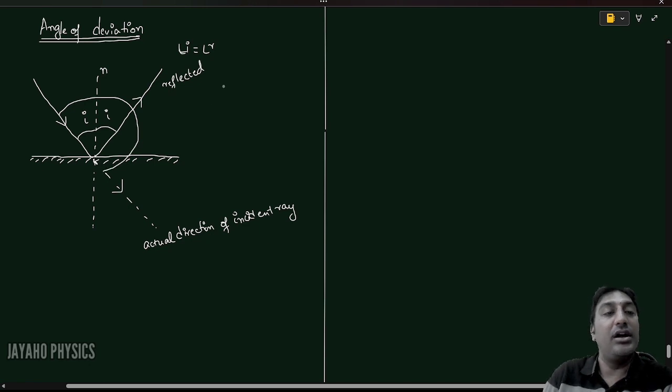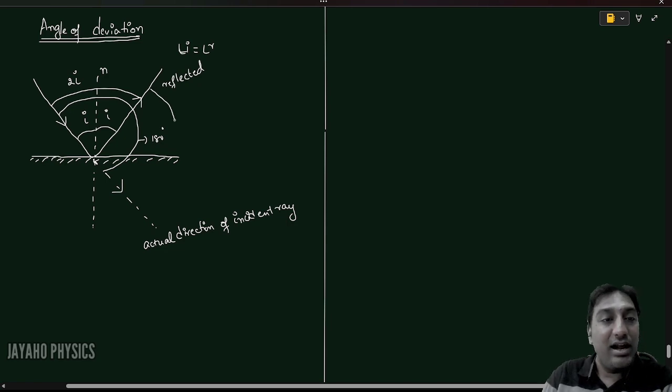The total angle from here to here is 180 degrees. But in this, it is covering an angle of how much? 2i.